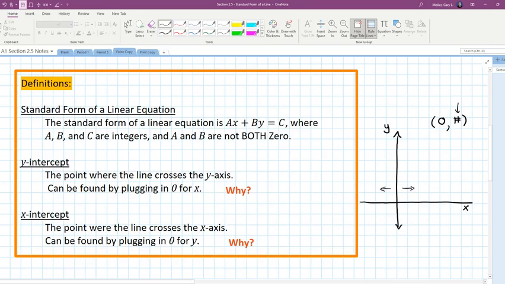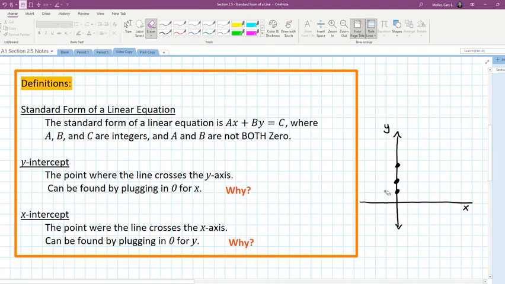I am staying on the y-axis. So if I had the point 0, 2, then I would go 0 and then 2. That is your y-intercept. 0, 1 is your y-intercept. 0, 3.5 is your y-intercept. So whatever point goes with x equals 0 is your y-intercept.